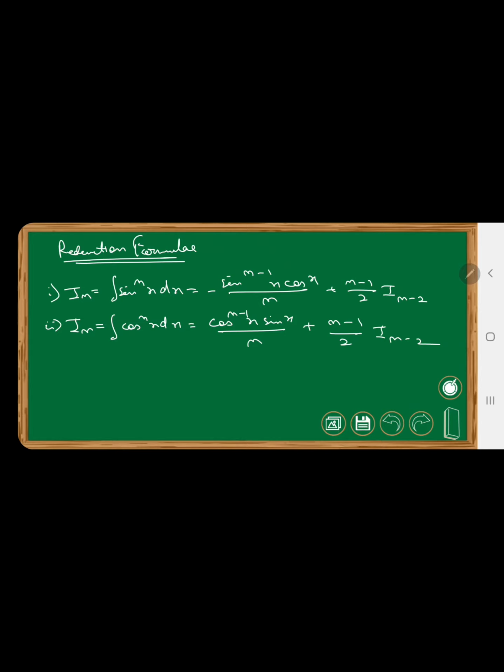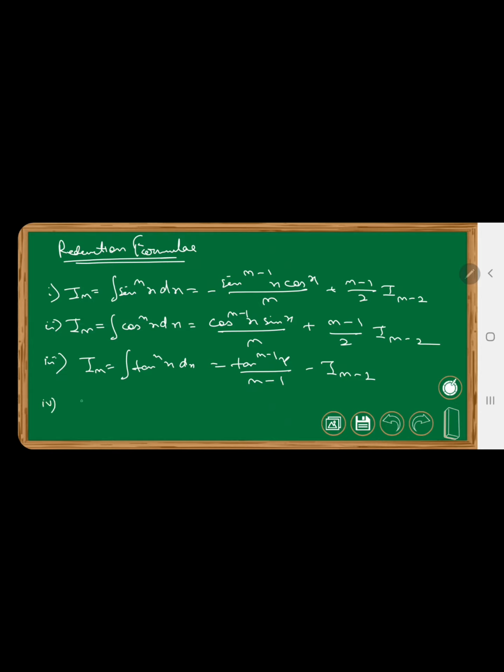Okay, clear? The next one, you have the integral of tan^n x dx, which is given as tan^(n-1)x over (n-1) minus the integral of tan^(n-2)x dx.